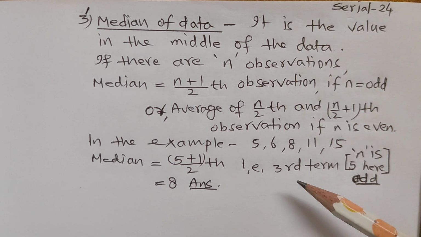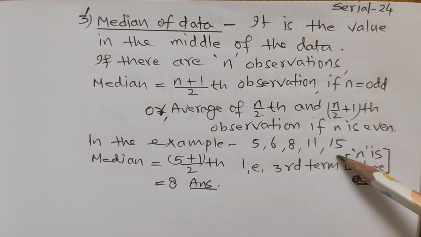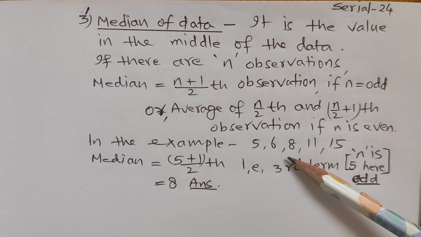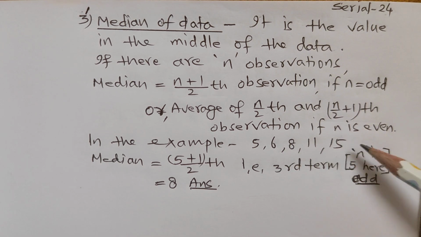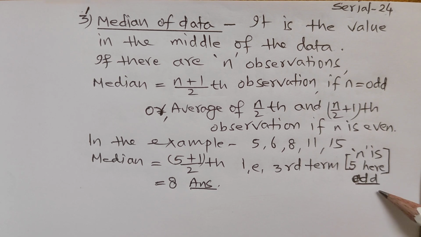So let us take an example to understand. Now in this example, the number of terms or number of data is 5. N is 5 here and it is odd.